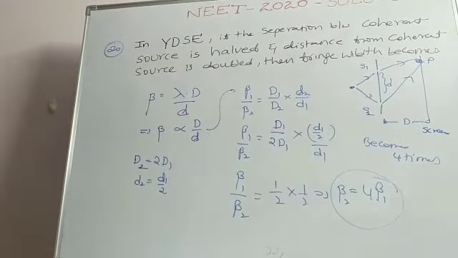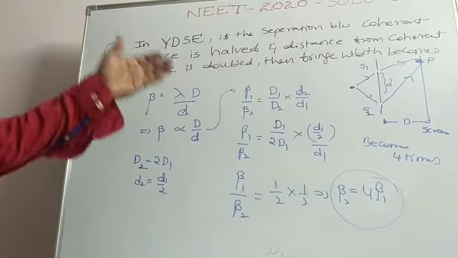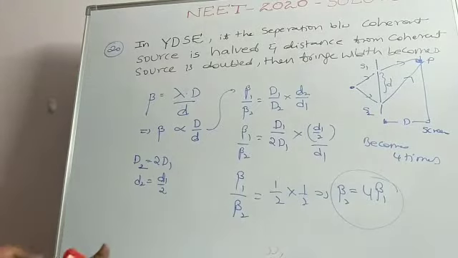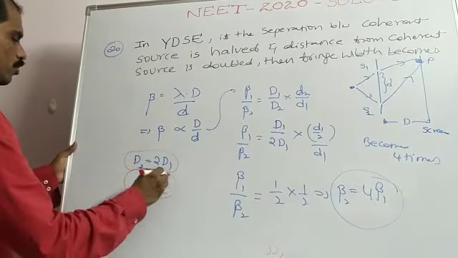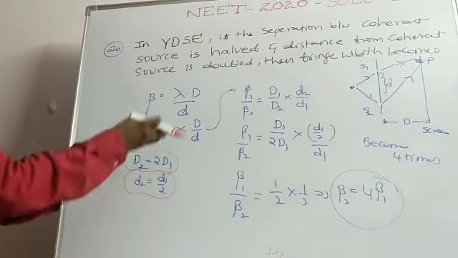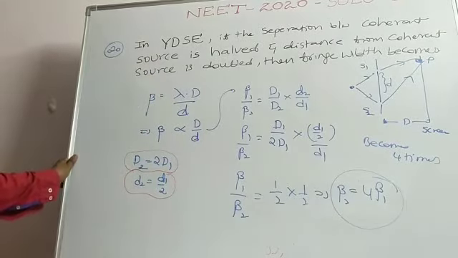Here, the distance between the slits and screen as well as the separation between S1 and S2 varies. Capital D2 is equal to 2D1, and small d2, the separation between the two slits, is d1 by 2, which becomes half.